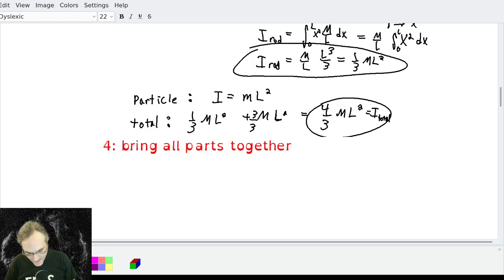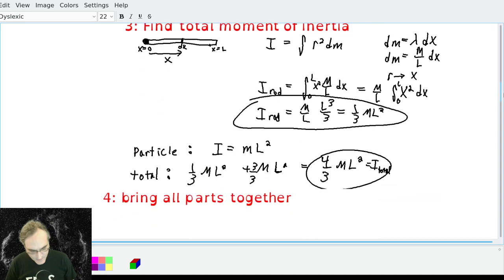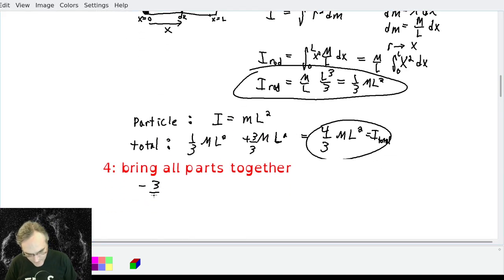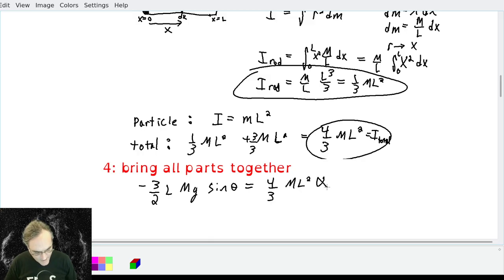So now we will have, let's see, it was a -3/2, yep. -3/2 L times m times g sine of theta equal to 4/3 mL squared alpha.